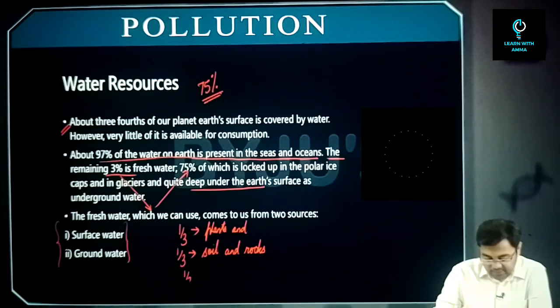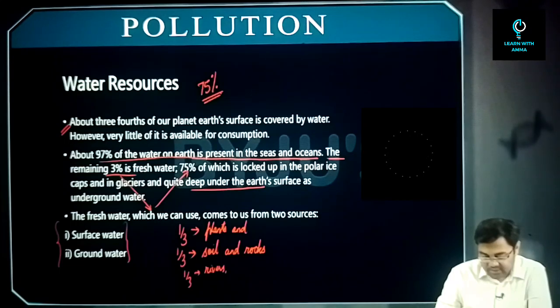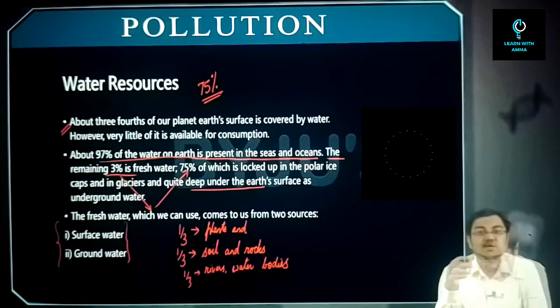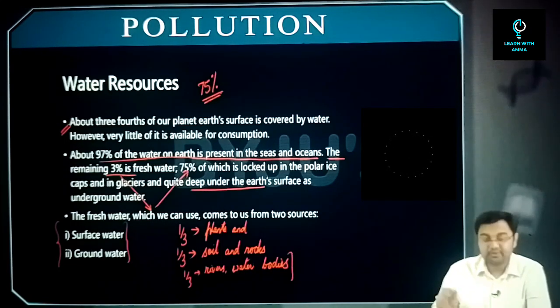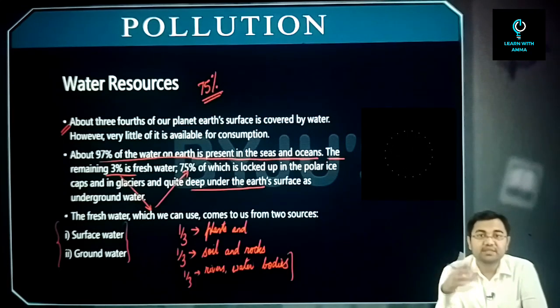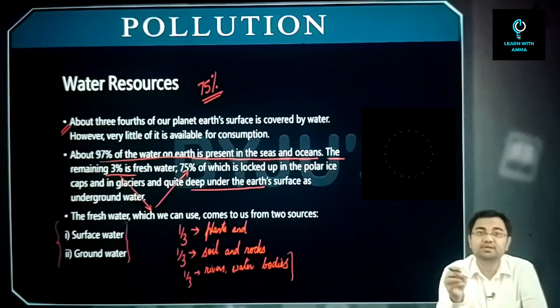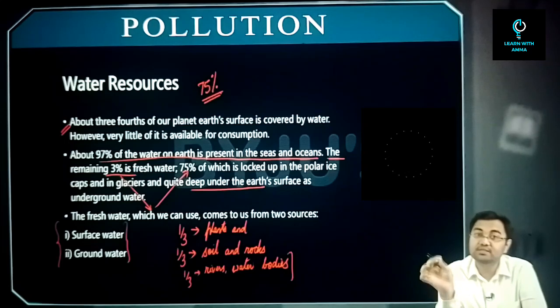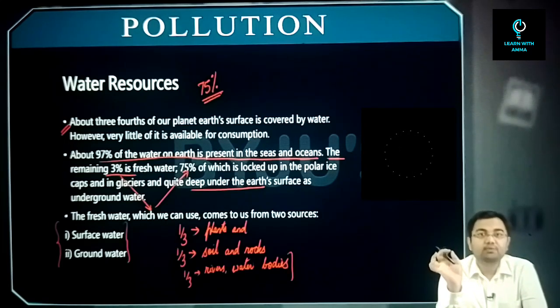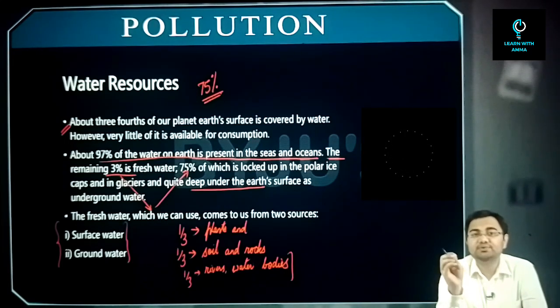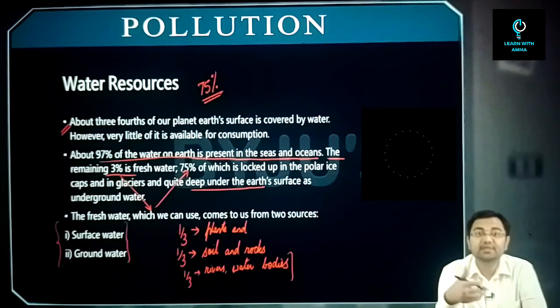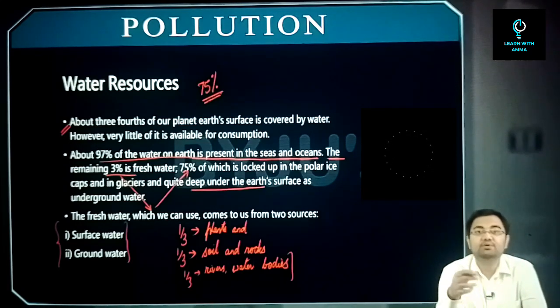And then you have the other 1/3 which runs off into rivers and other water bodies. This third 1/3 which we are discussing, which runs off into streams, into rivers, into lakes, is called surface water.